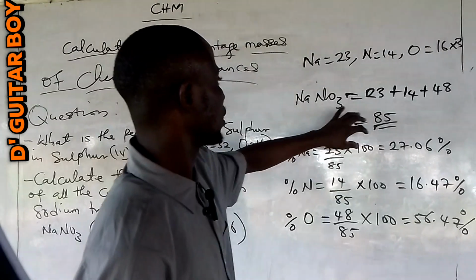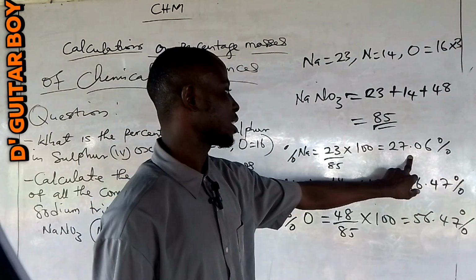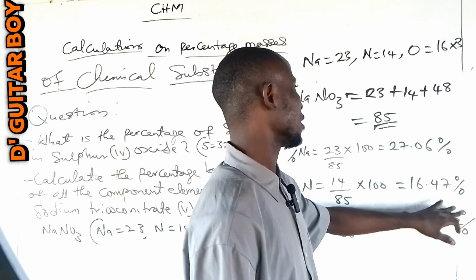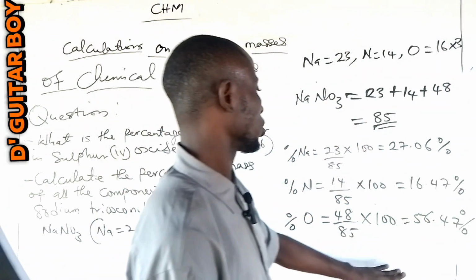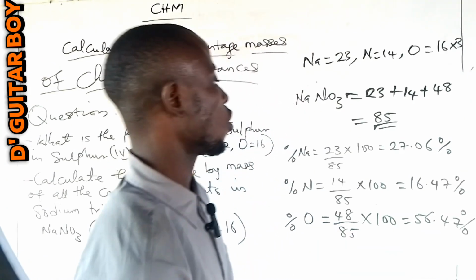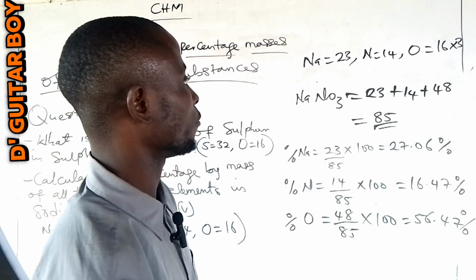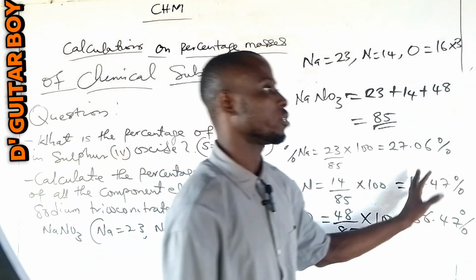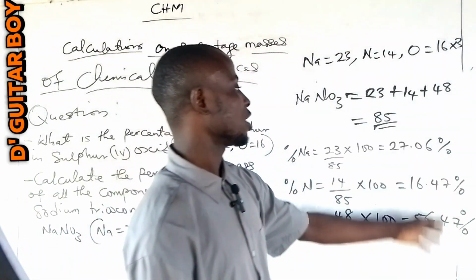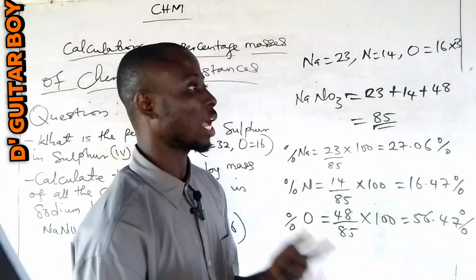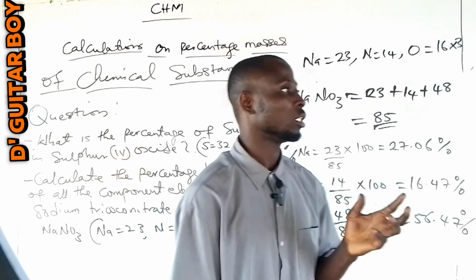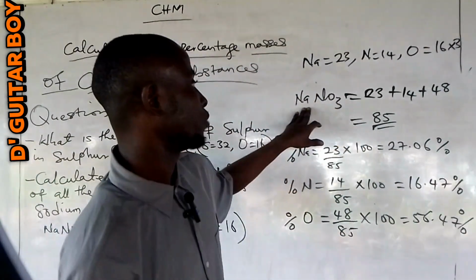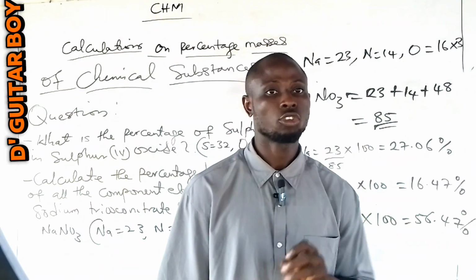So this compound contains 27.06% of sodium, 16.47% of nitrogen, and 56.47% of oxygen. Meanwhile, if you add all these percentages together, you will see that they are approximately equal to 100%, which is the total of all the components of the compound sodium trioxonitrate(V).